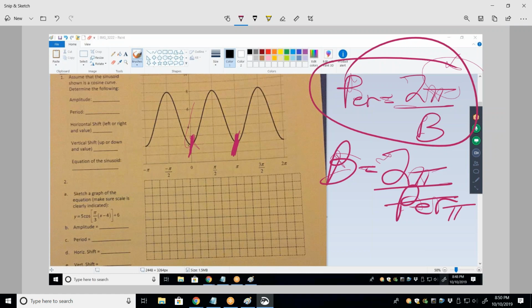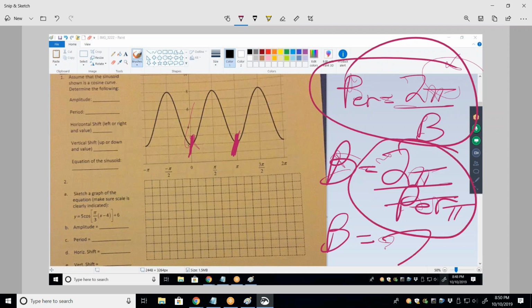So what's b? No, it's 2 pi divided by pi. What is 2 pi divided by pi? Okay, so b is 2.